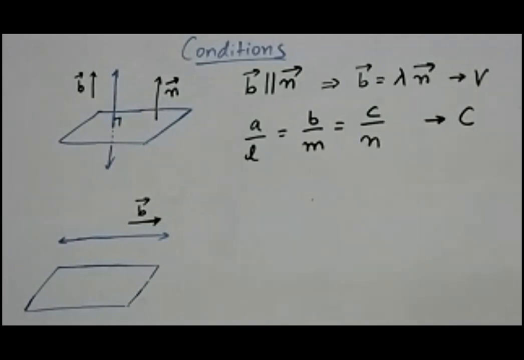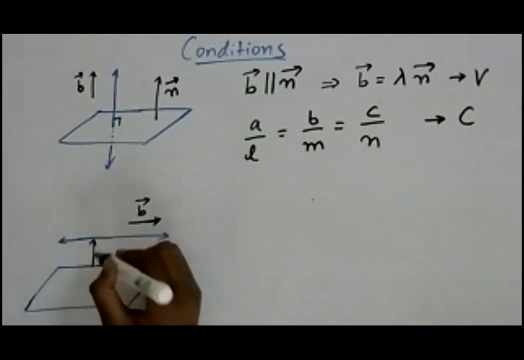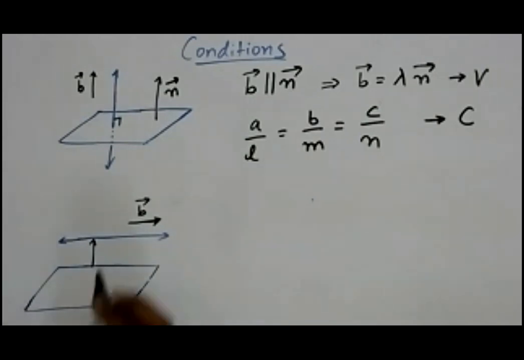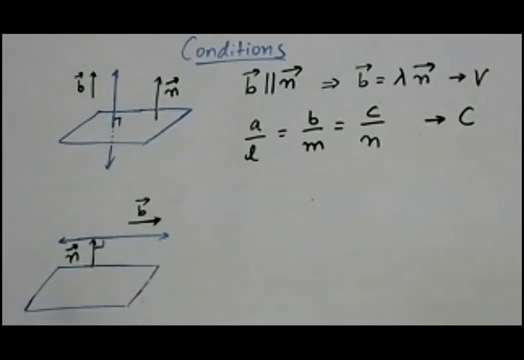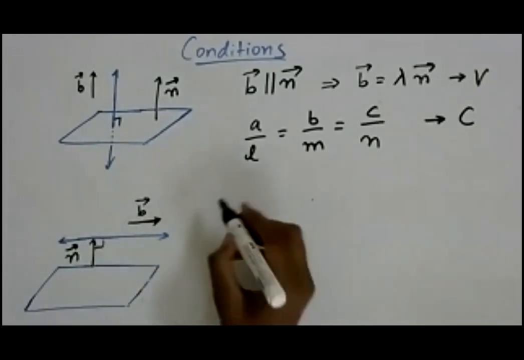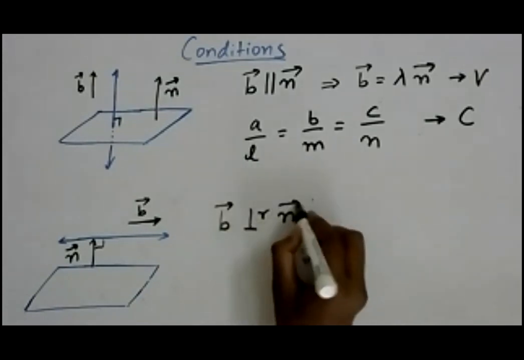Now the second case is when the line is parallel to our plane. What happens to the relationship between the normal and the line itself? Whenever the line is parallel to the plane, it is going to be perpendicular to the normal vector. That is, our b vector is perpendicular to n vector.